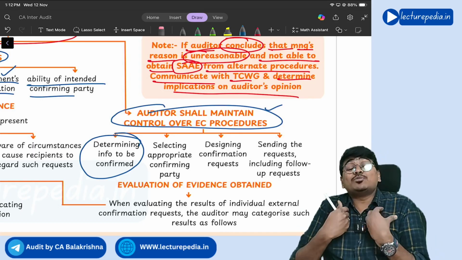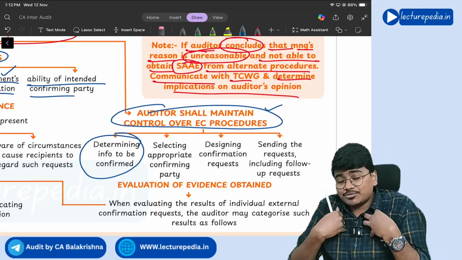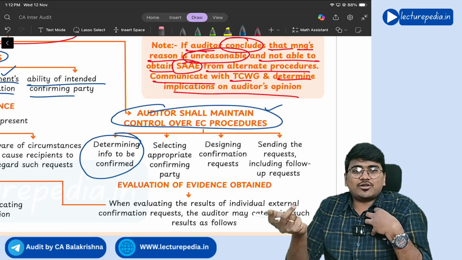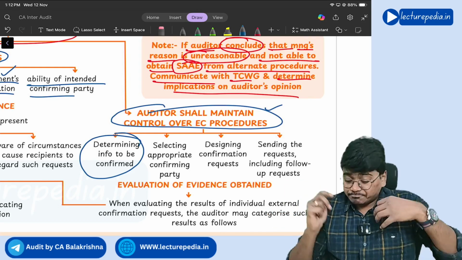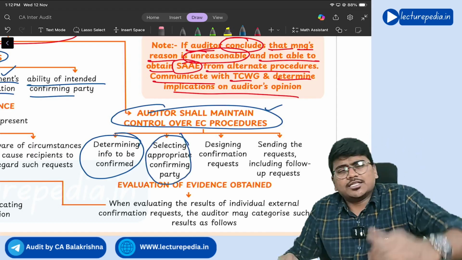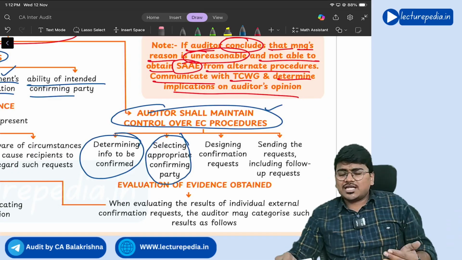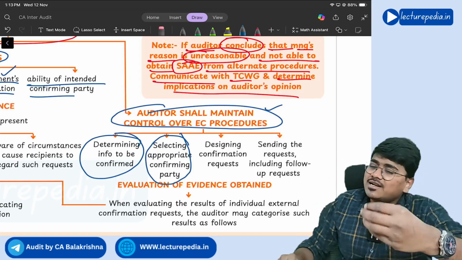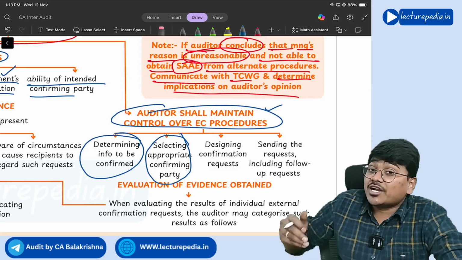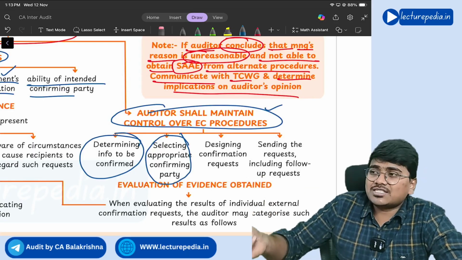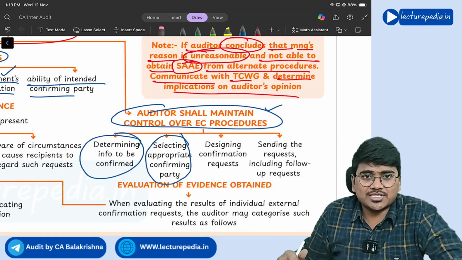That needs to be decided by the auditor himself. Next, selecting the appropriate confirming party. There are 1,000 debtors in the entity. Of these 1,000 debtors, to whom we should send the external confirmation request should be selected by the auditor only. He should not assign this task to the internal auditor or any other person.